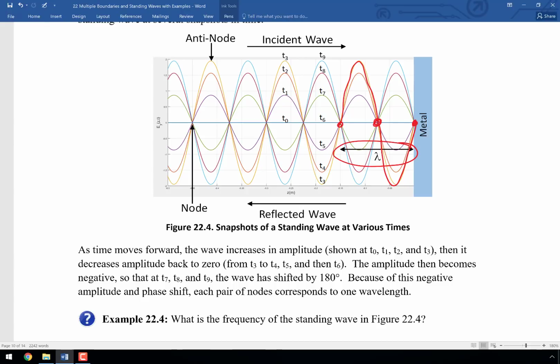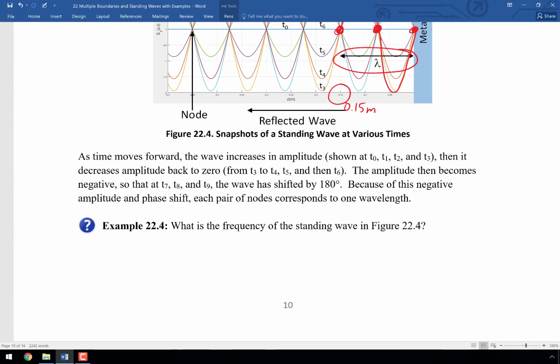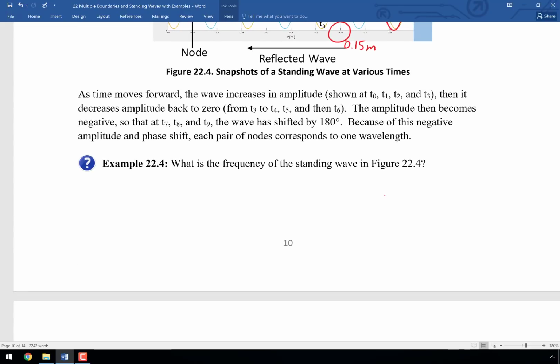Because here's a node right here, but then here's a node, and here's a node, and the distance between 2 nodes worth of distance is equal to lambda. And again, I know that this is really hard to read, but that is 0.15 meters. So what we can do is we can say lambda, that's a horrible lambda.